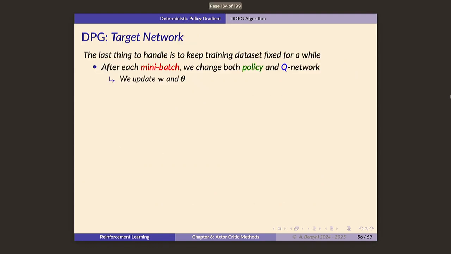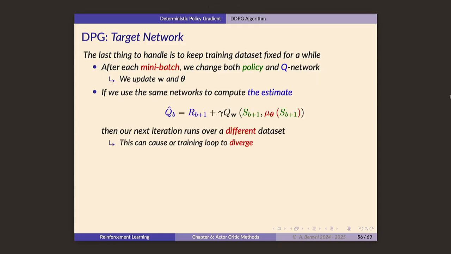Now, last thing regarding the target network. The issue with the target network, I guess you remember, the problem was that every time you compute the label for the current time step, you use your Q network on the next state and the next optimal action. This goes inside your Q network and builds your label.